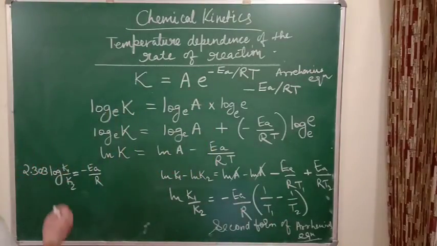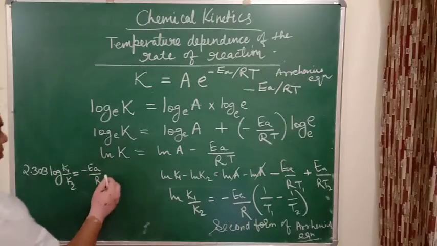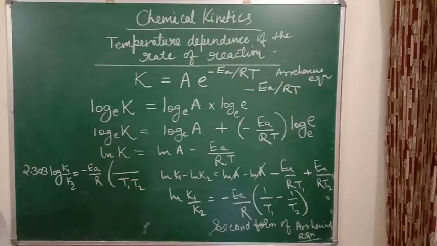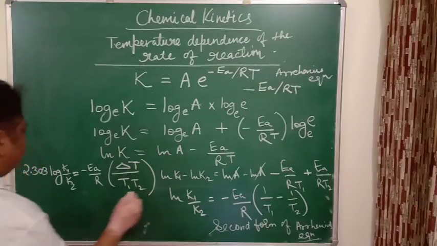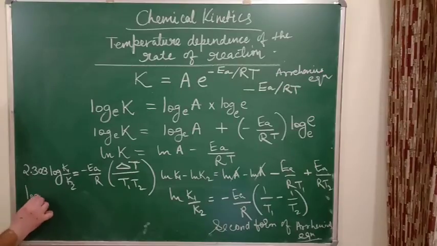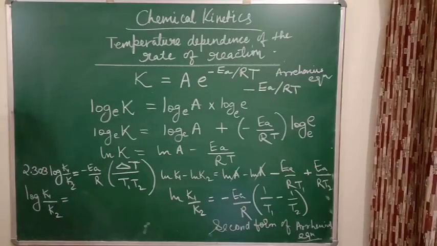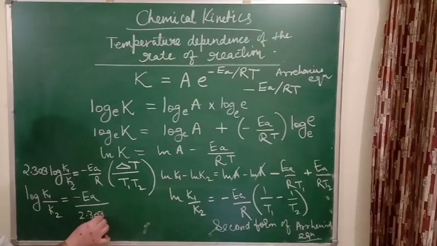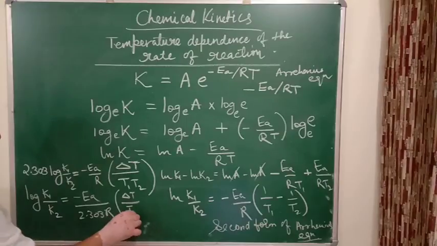So we write 2.303 log k1 by k2 equal to minus Ea by R into T1 T2 in the denominator, and the numerator will become T2 minus T1, so delta T. Or we can write log k1 by k2 will be equal to minus Ea by 2.303 R into delta T by T1 T2.